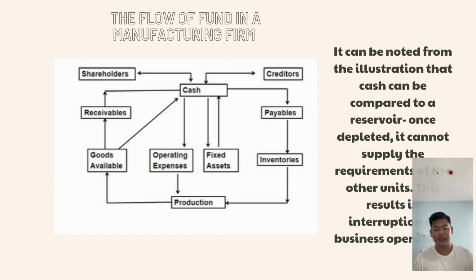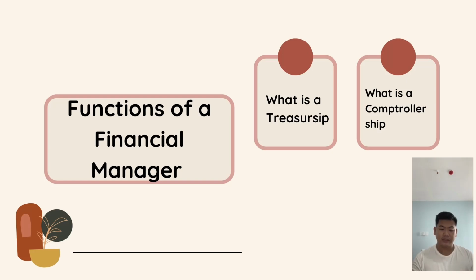And financial decision is dividend payment, payments of interest and premium of long-term debt, payment of the interest on short-term debt, and so on. So the next slide is the function of financial manager.